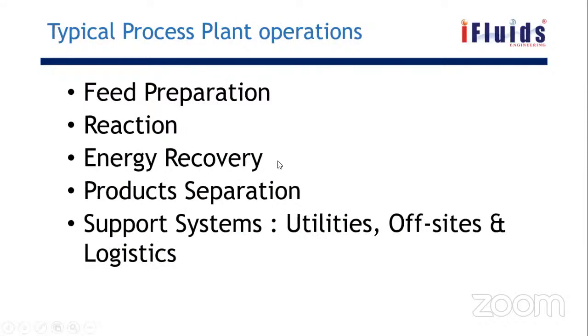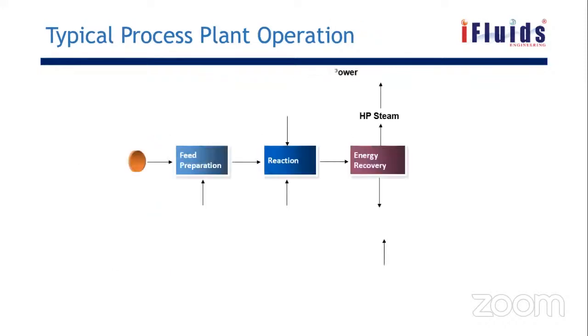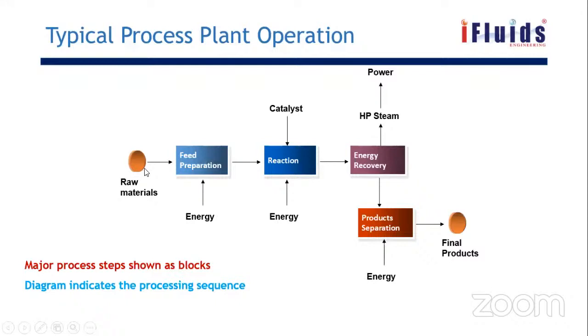In an industrial process, to convert a raw material into a product there will be certain stages. The raw material is prepared for the reaction.